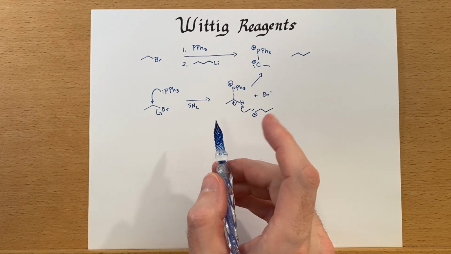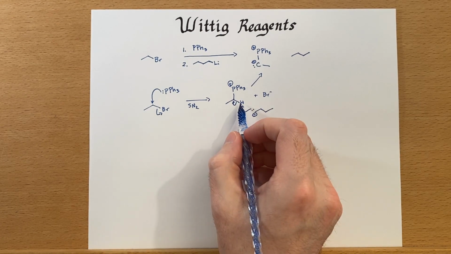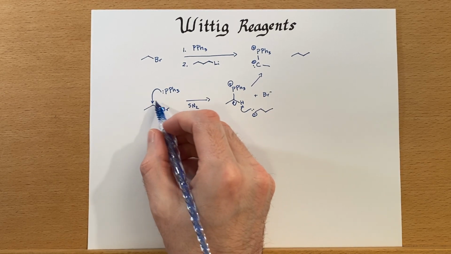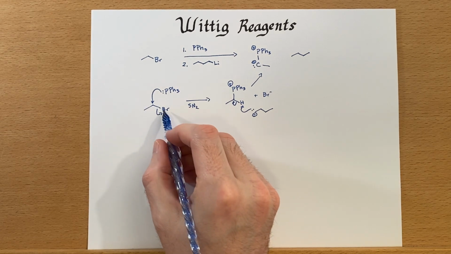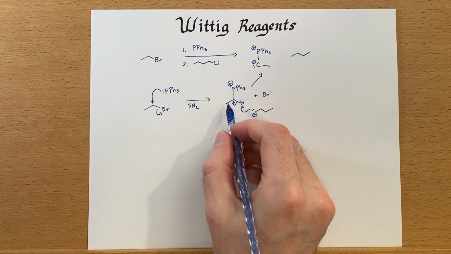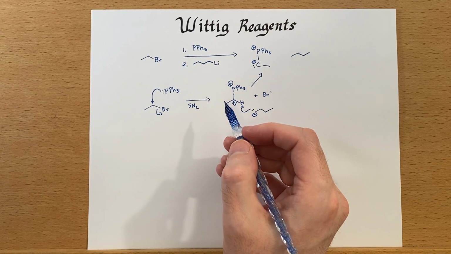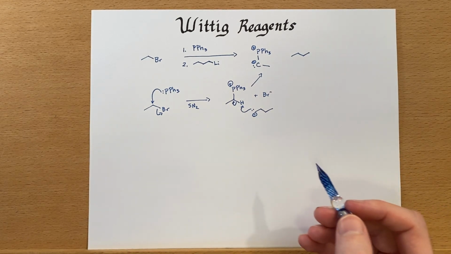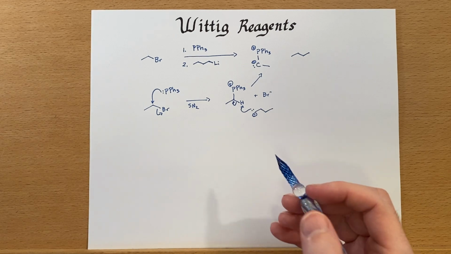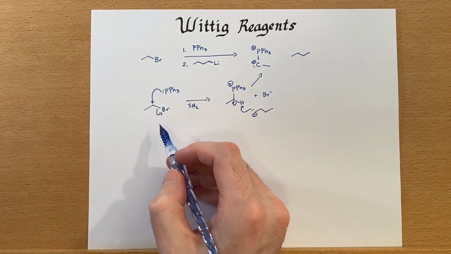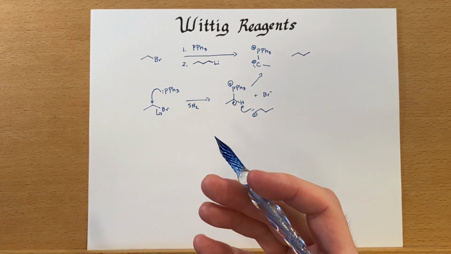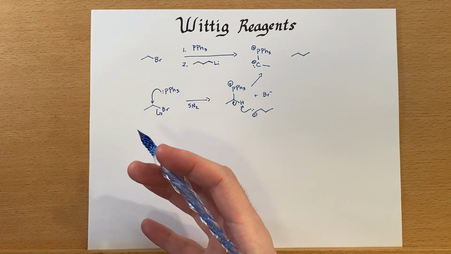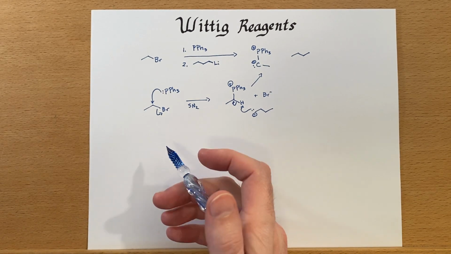Now, this brings up an important point about Wittig reagents. You have to have a proton available for you to steal from that carbon that has the leaving group on it in order to generate the Wittig reagent. So you can't do this with tertiary carbons. Well, there's actually 2 reasons you can't do this with a tertiary carbon. One of them is this first step is SN2, and so I'm not going to be able to do an SN2 on a tertiary carbon anyway, right? Because the backside is blocked by all that steric hindrance.